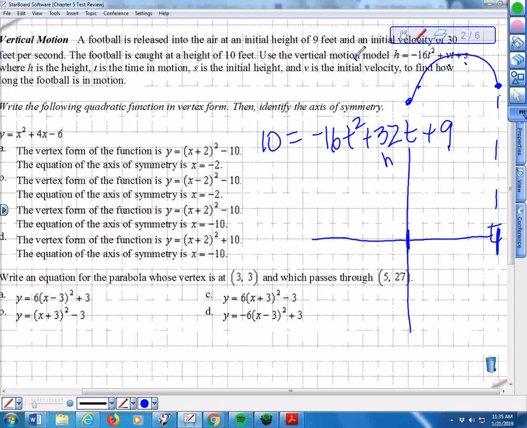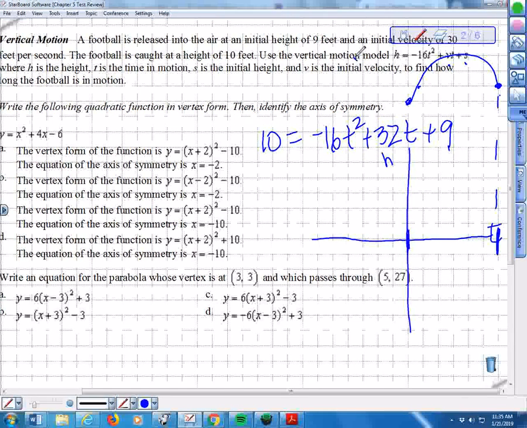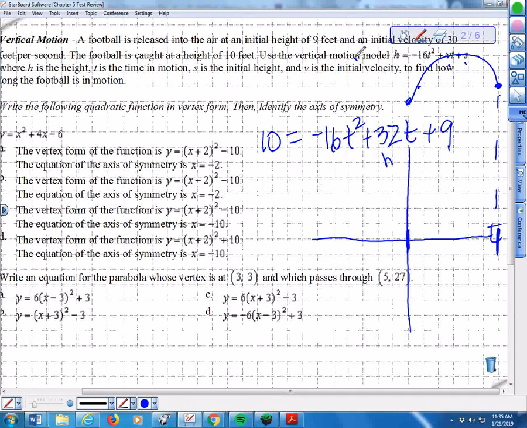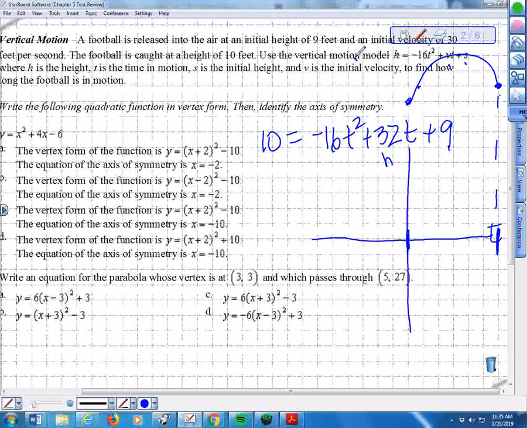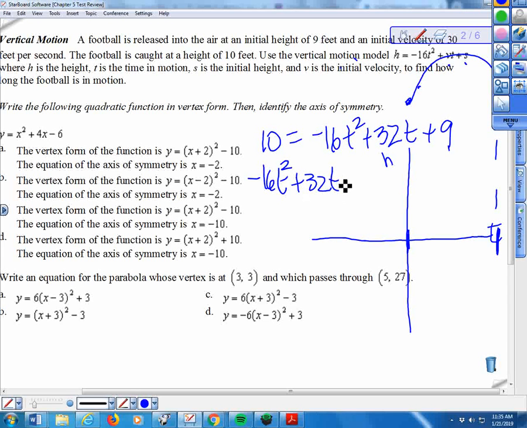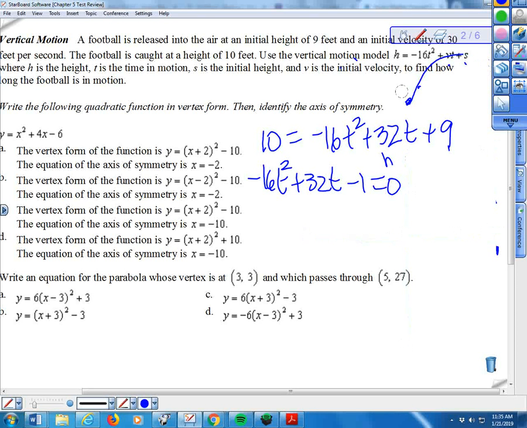Okay, so I've kind of got the sketch. Here's my equation. Well, how do I solve quadratics? I set them equal to 0. So negative 16t squared plus 32t minus 1 equals 0. So this is the equation I need to solve.